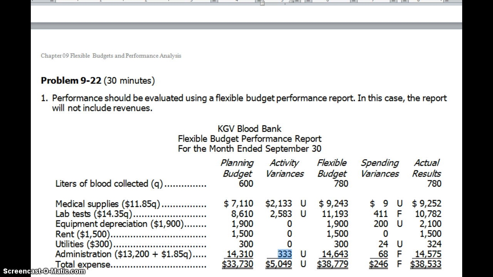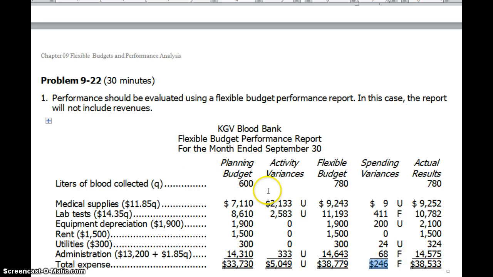Some of the variances we note are in just about every category except for rent. And really, when you look at the overall spending variance, $246, you should not be overly concerned. You should always look at the overall variance and put it in context in light of the dollars involved. $246 over $38,000, not a big difference.